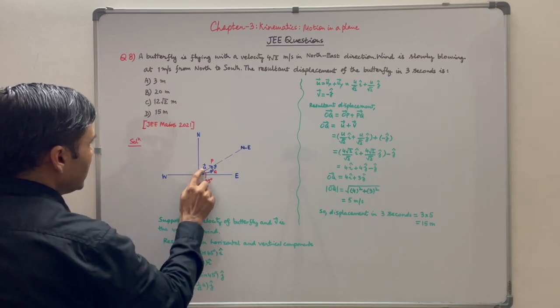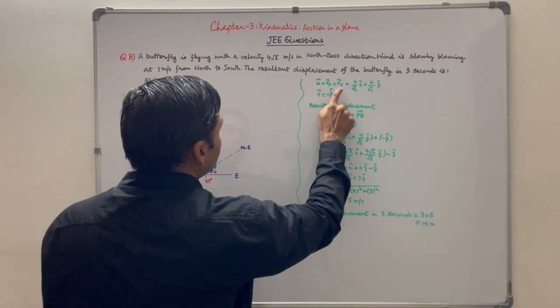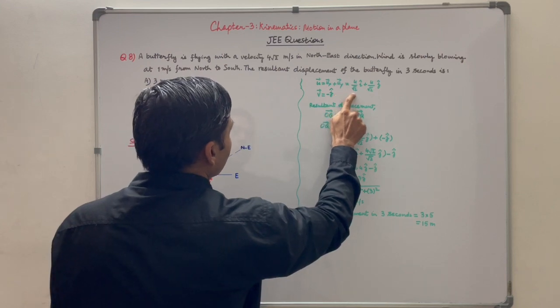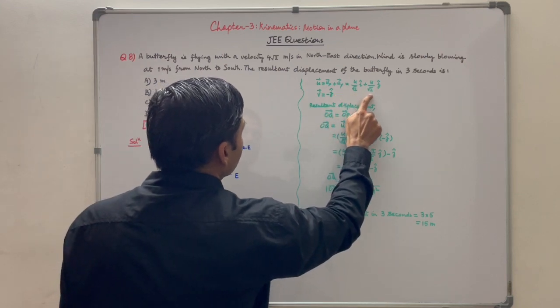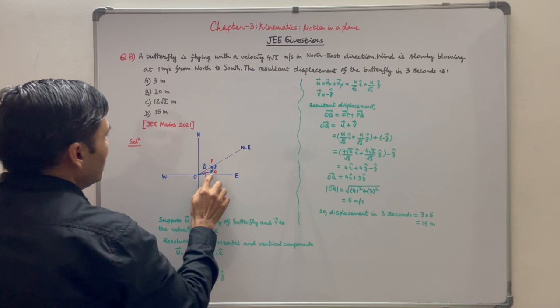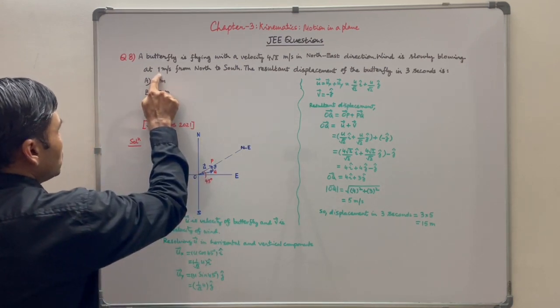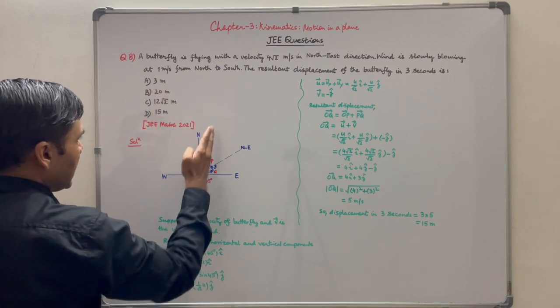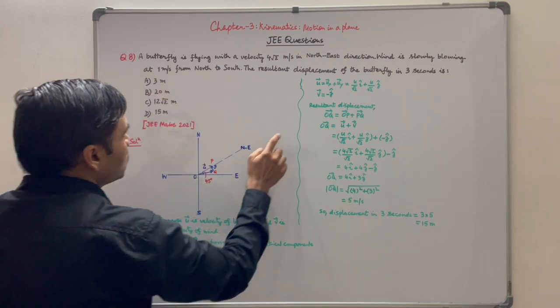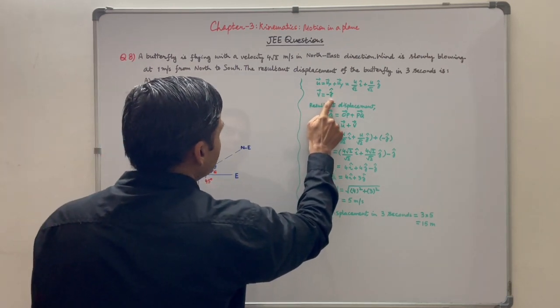So U can be written as Ux i plus Uy j, that is U cos 45 i plus U sin 45 j. Now V can be written as magnitude of V, magnitude of wind, into its direction, that is minus j. So V is equal to minus j.